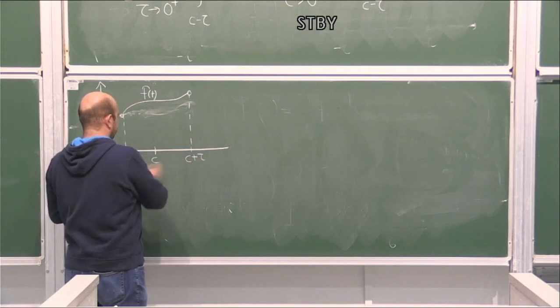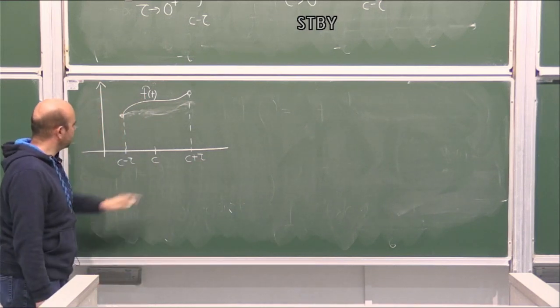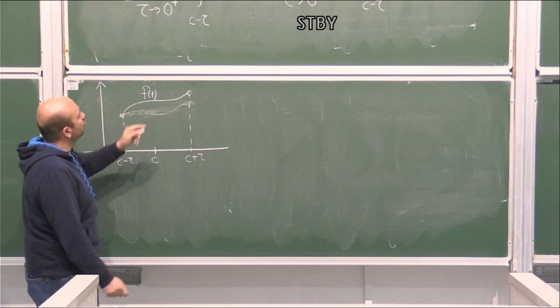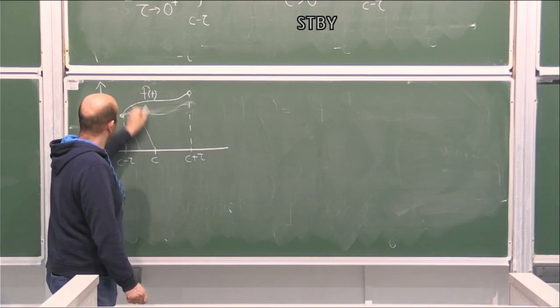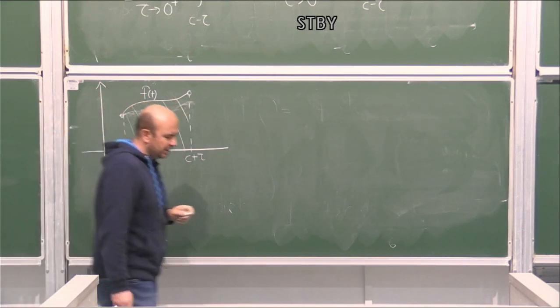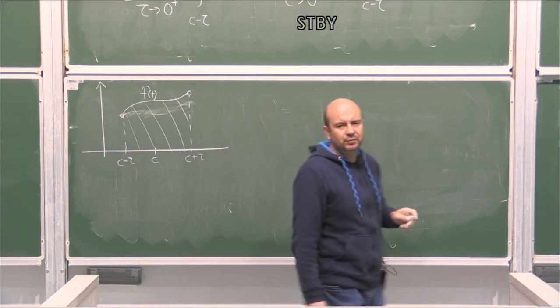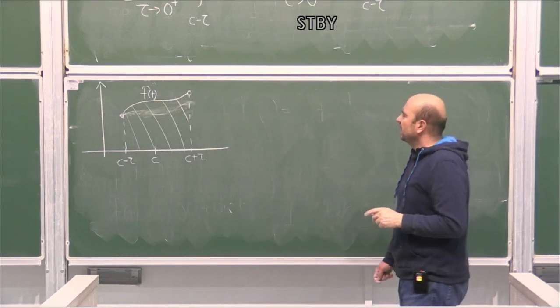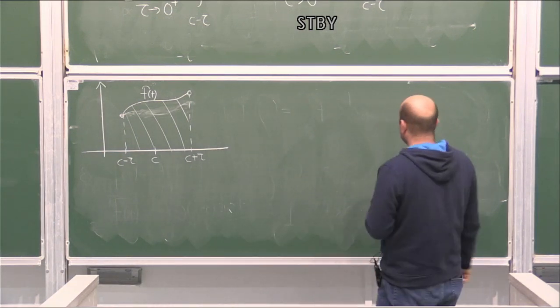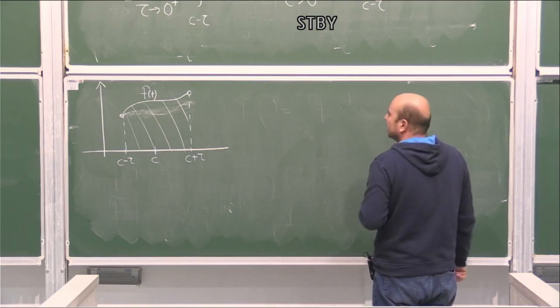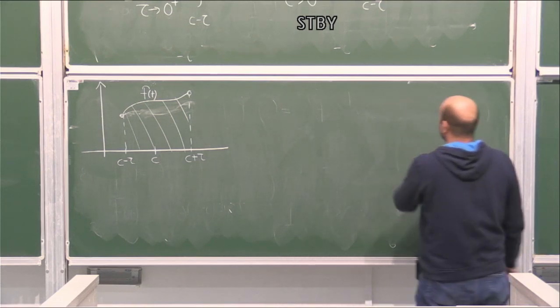Between c minus tau and c plus tau, I'm trying to compute the integral of this. Now remember the mean value theorem for integrals from calculus. What does it say? Let me remind you what it was saying here, and then I can erase it.